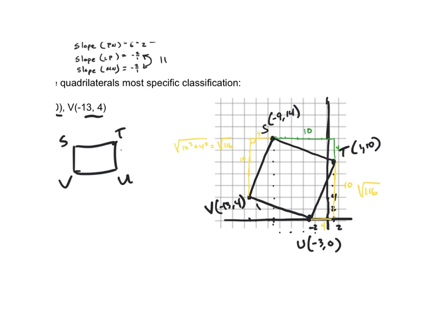So this side is 10, this side is 4. So this measurement is the square root of 116. And if we look down here, these measurements are all the same. So this is the square root of 116.